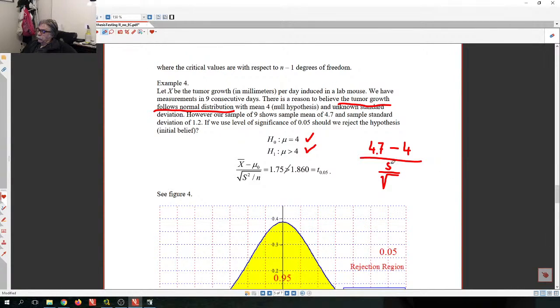It's 1.2. And down there we have the sample size, radical n, radical 9. So it's 1.2 divided by 3, actually. So that's 0.4. So you have to do 4.7 minus 4 divided by 0.4. And when you do that, you get 1.75. 1.75 is the test statistic, or the test value.